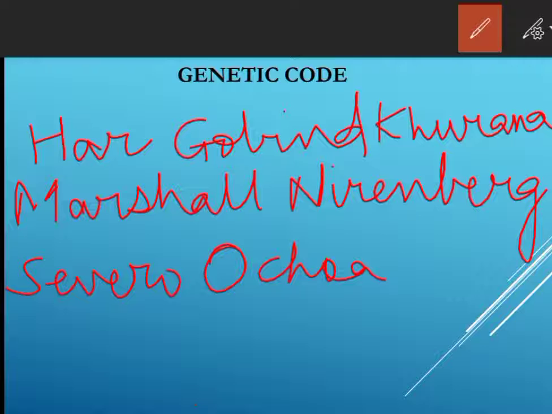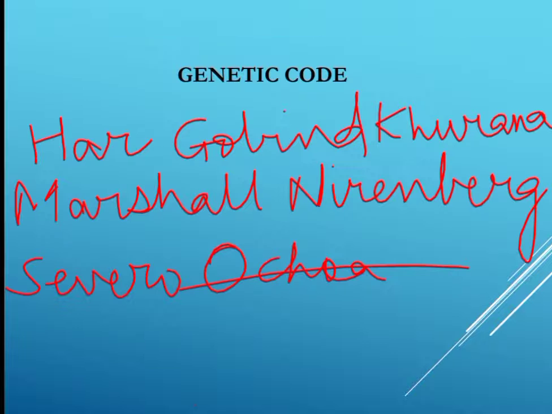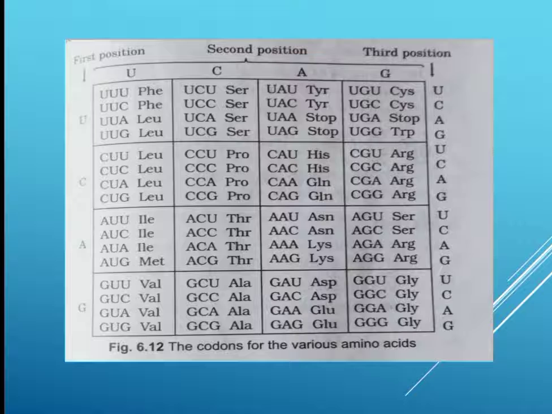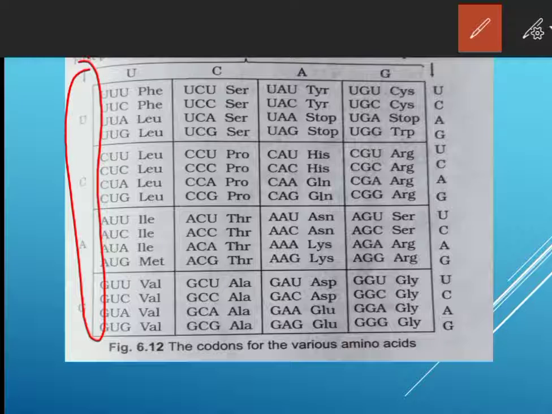On the basis of the discoveries, the spellings of the genetic code were put together in a checkerboard as given here. Can you see? Here is the first position of the triplet.